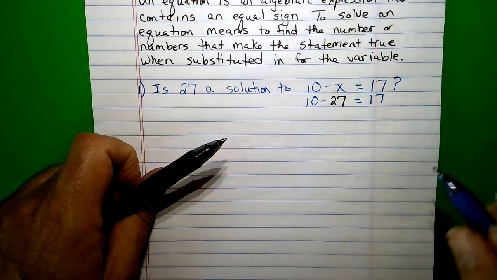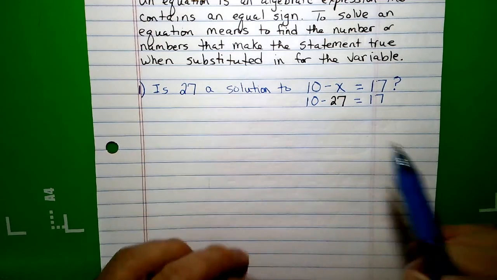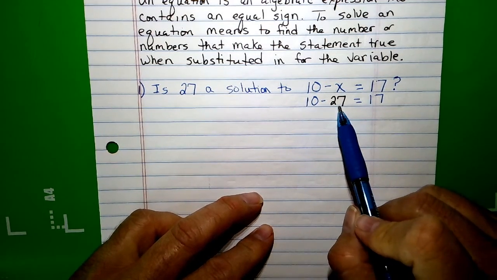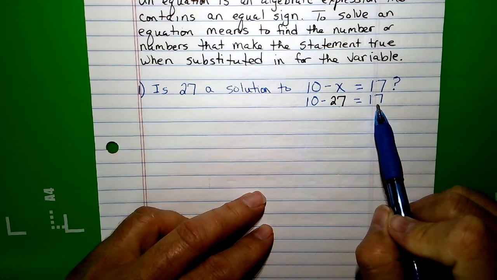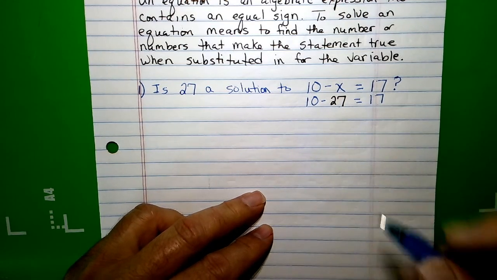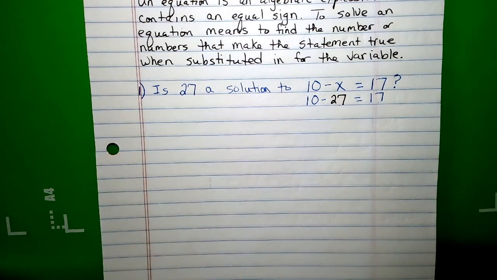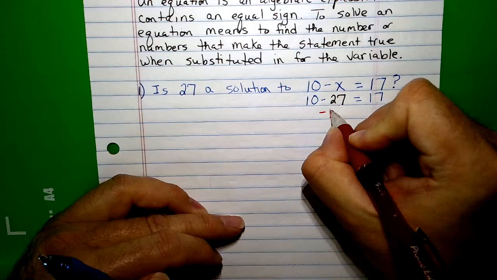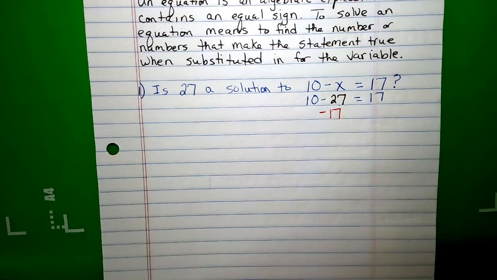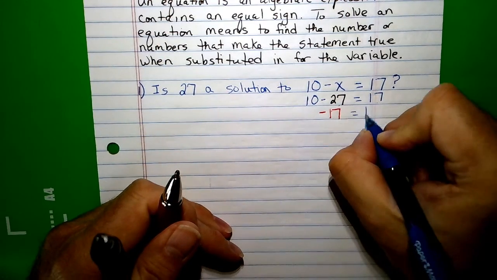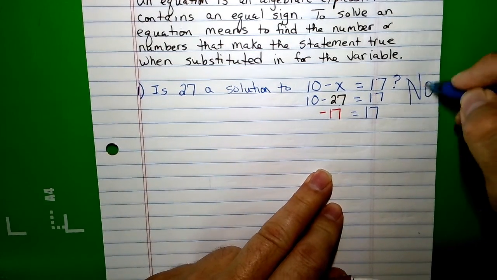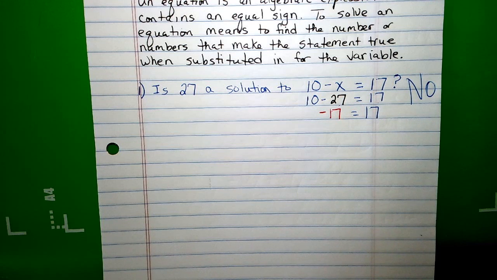Before you immediately say yes, is this a true statement? 10 minus 27 equals 17? What does 10 minus 27 equal? It's not just 17, is it? It's negative 17. So, is negative 17 equal to 17? No. That is not, 27 is not a solution.